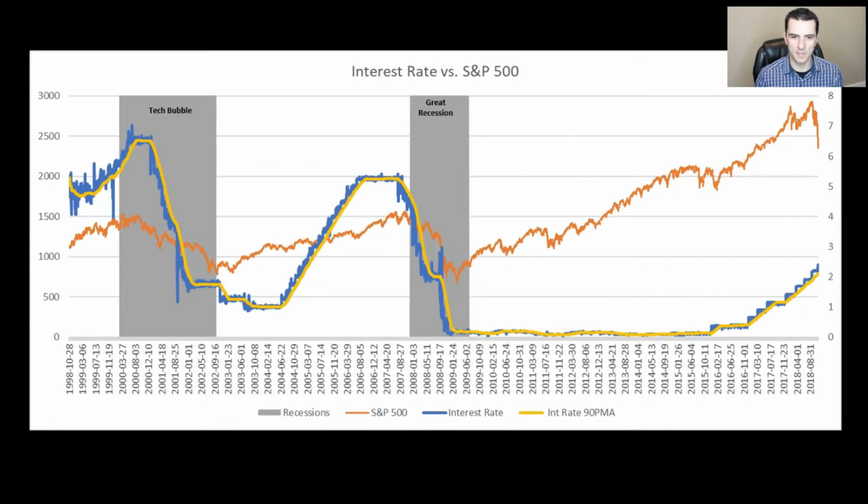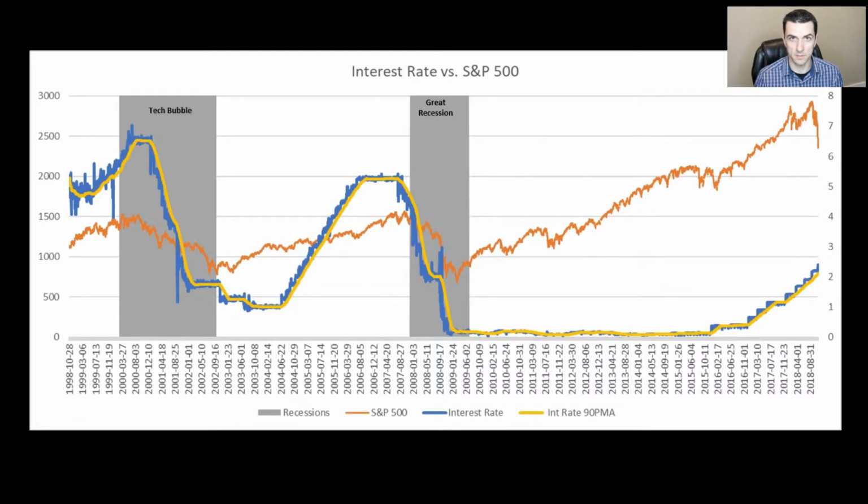So you can see again that sort of tabletop formation, this time preceding the 2008 recession. This time it happened a little bit before the recession started, and you can see that flattening off of the interest rate, and then it starts to fall off just as the market was topping out before the recession actually started.